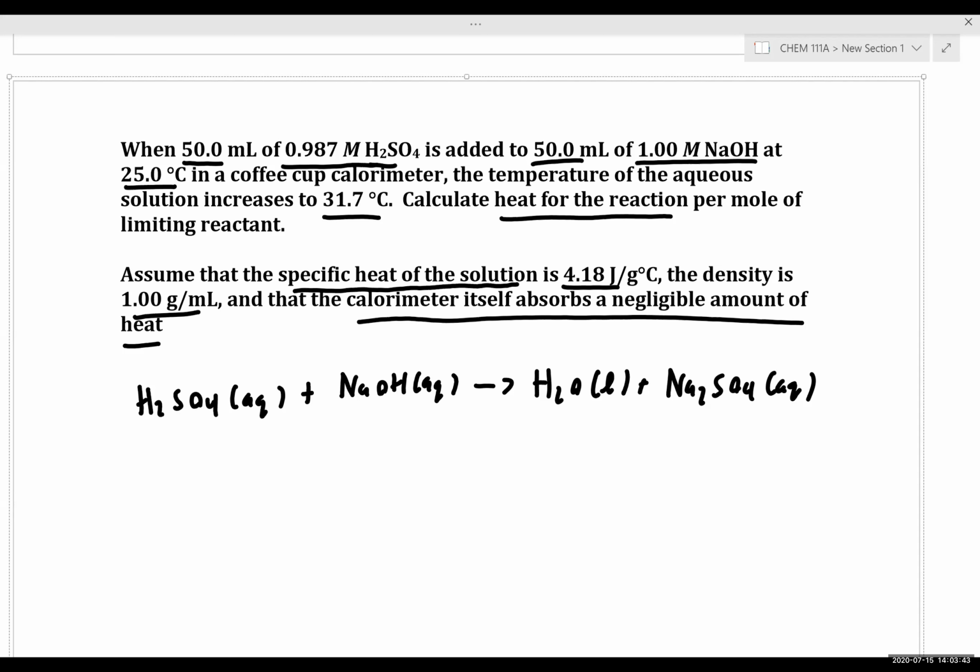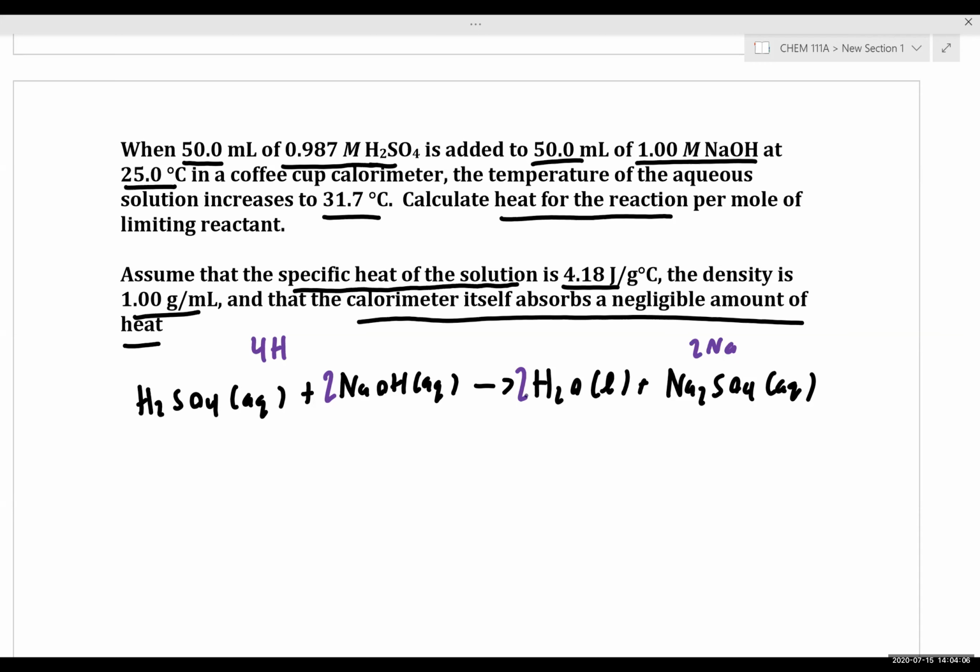No, it's not. So as we see, we have 2 sodiums on the right, so we need 2 sodium hydroxides on the left. Additionally, we have 4 hydrogens on the left, so we need 2 water molecules for a total of 4 hydrogen atoms on the right.